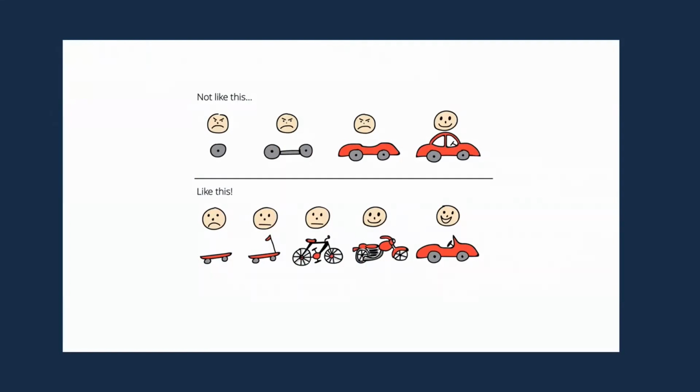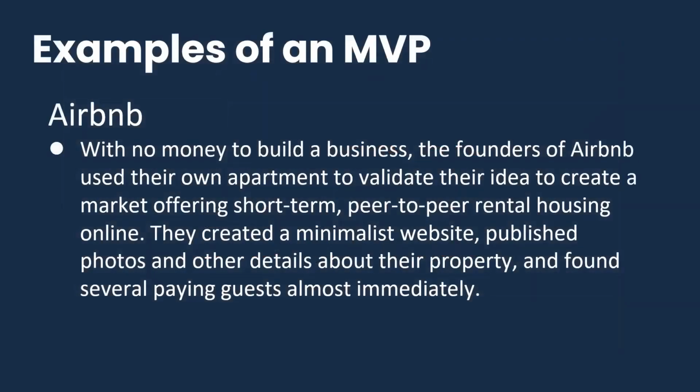So in the MVP, the most important thing again to emphasize is to continue learning. So learning what the customers really want, what the customers really need, and what will make the customers happy.